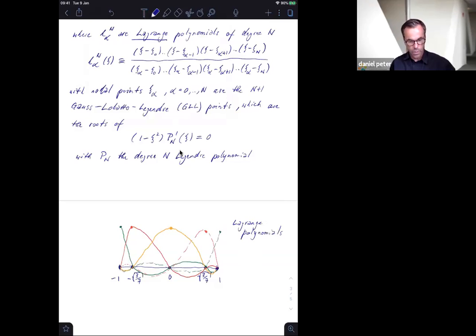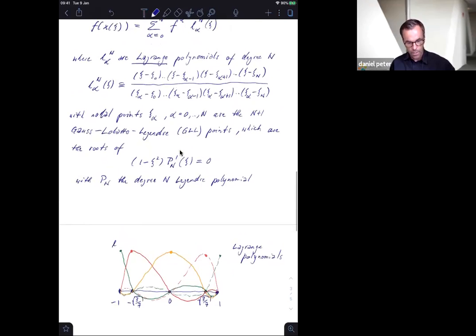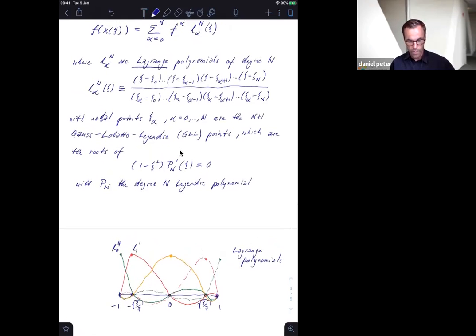So for example, you would have L0,4, and we would have L1,4, L2,4, L3,4, L4,4.